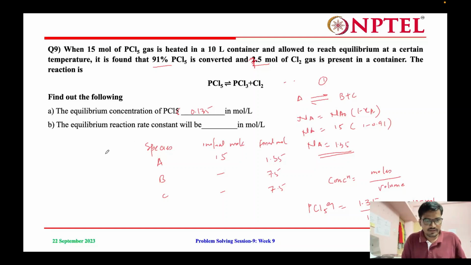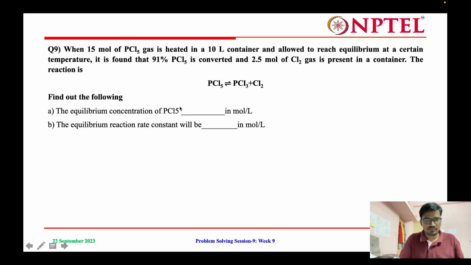Now coming to part B, the equilibrium reaction rate constant. PCl3 is 7.5 divided by 10, so 0.75 mole per liter.